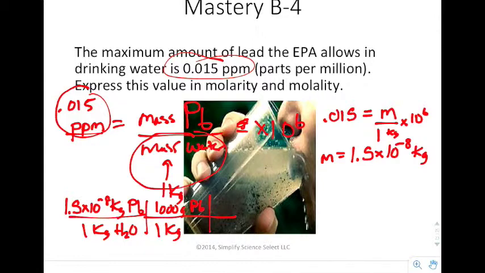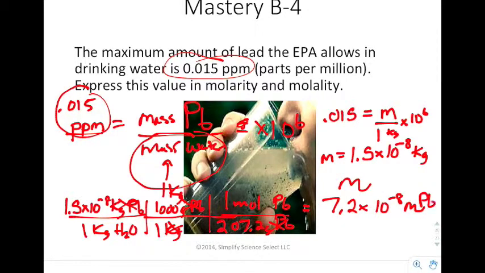Then I can look up lead on my periodic table, and when I do, 207.2 grams of lead is in 1 mole of lead. So if you were to stop right here, you would have moles of lead divided by kilograms of water, which is your molality. Whenever you plug this in your calculator, you end up getting 7.2 times 10 to the minus 8th molality of lead.